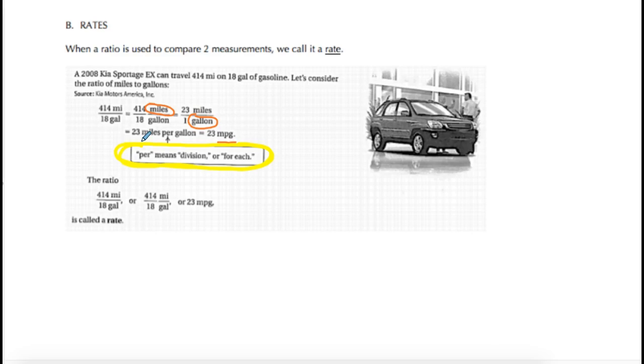So we could figure out what that is by taking the amount of money we receive from the state for taxes, and then we divide by the number of students enrolled in our school district, and that gives our money per student amount. You can hear things like cost per square foot. If you're going to put down new flooring in your house, you would find out the cost per square foot, and that is similar to this miles per gallon.